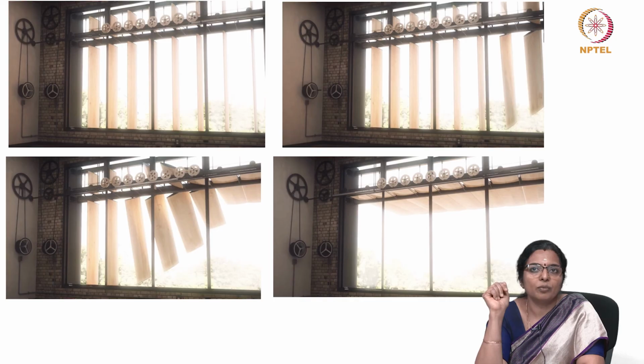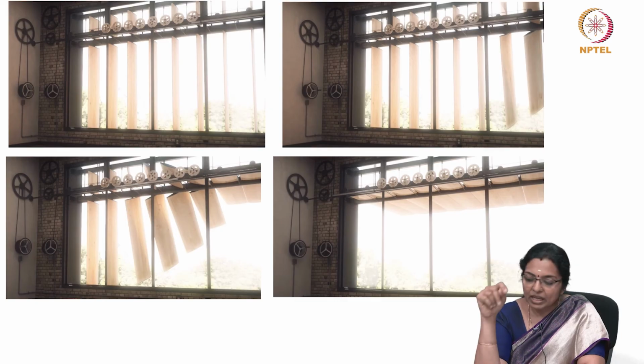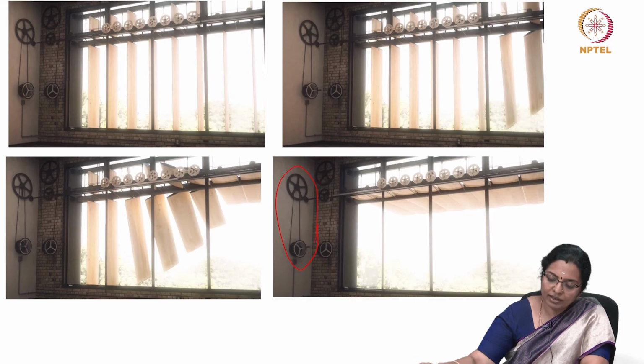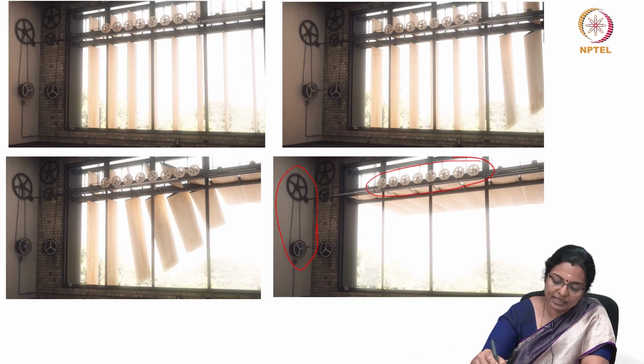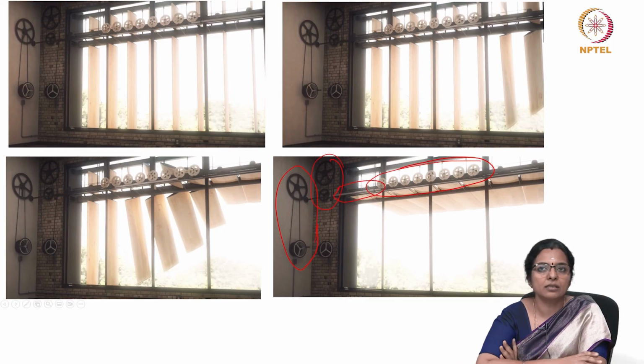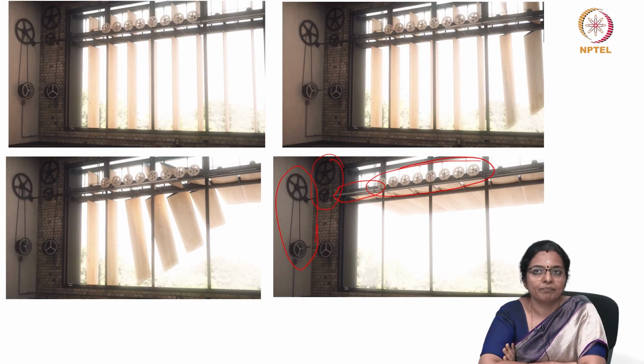Now, this design would be able to provide the shade for every time of the day, whether it is a high afternoon sun or a low evening sun. Now, the shades can be powered either by hand, like the mechanical pulley system, here you can see the pulley system, or in today's day and age you can also have a mechanical system to operate it.